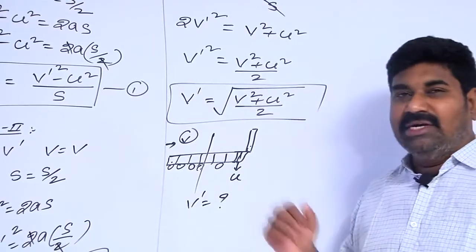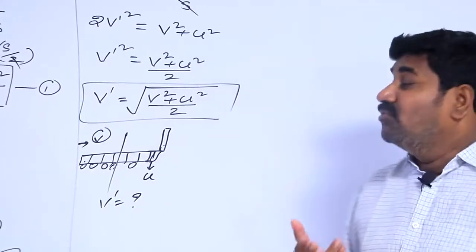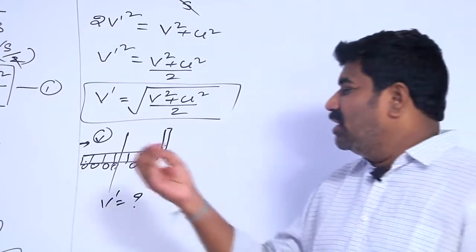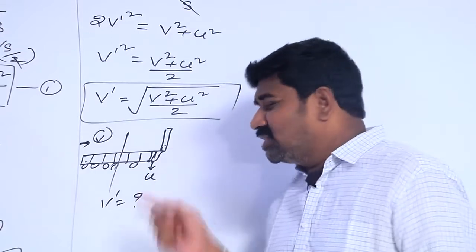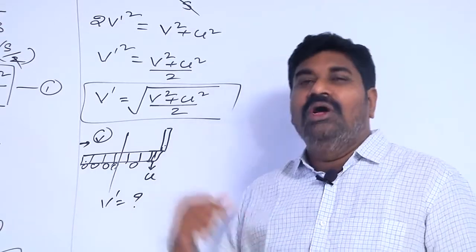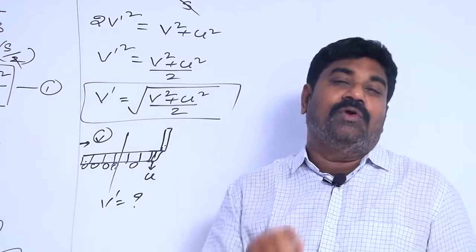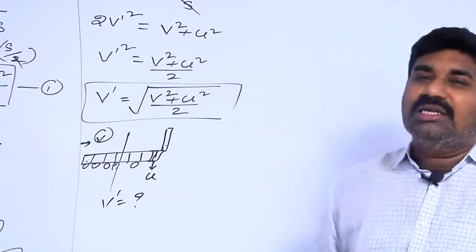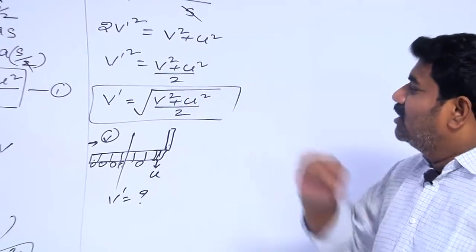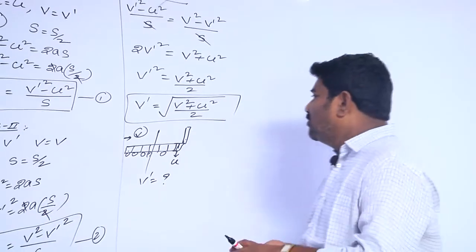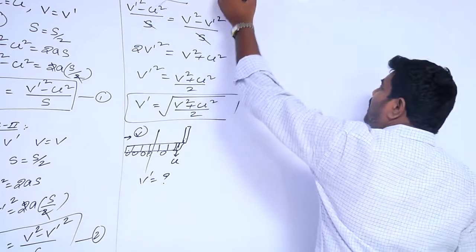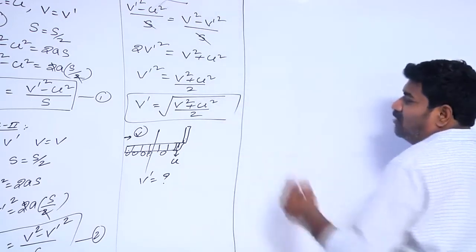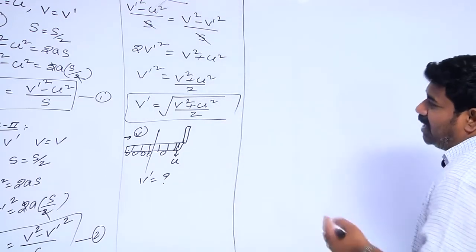The velocity of the mid compartment is the square root of v square plus u square by 2.